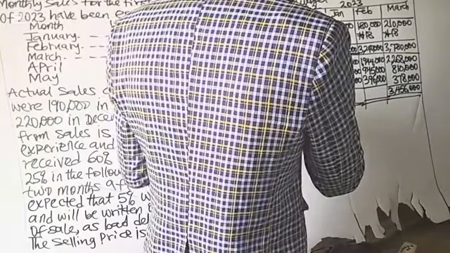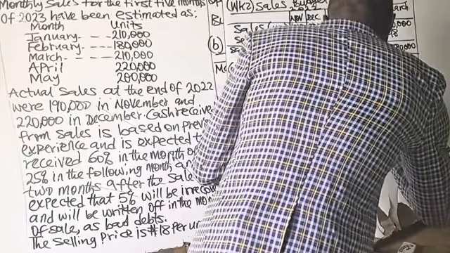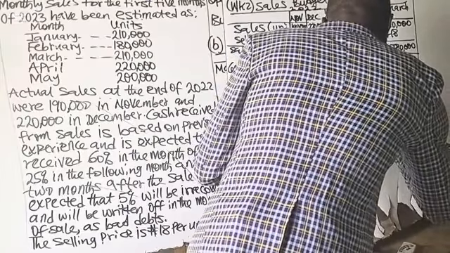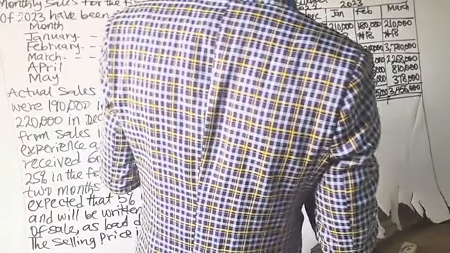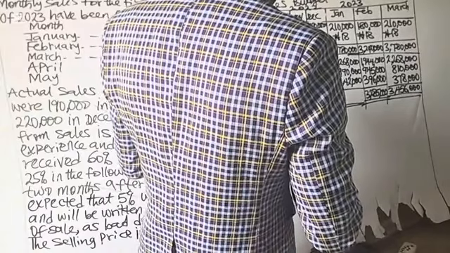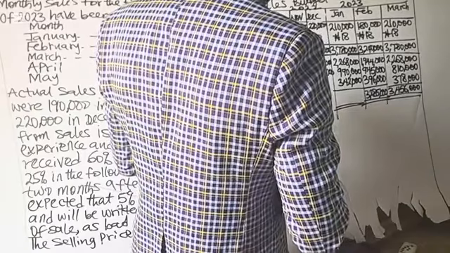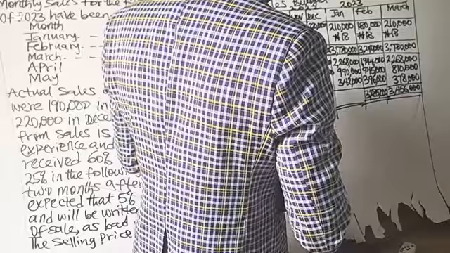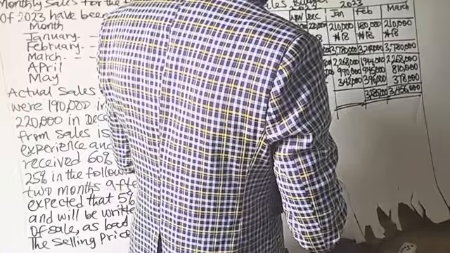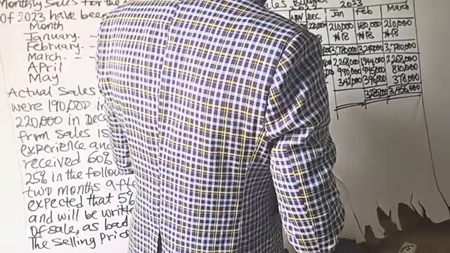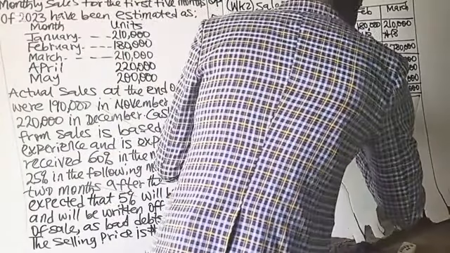That is totaled 3,285,000. Then of January 2023, 2,268,000 plus 990,000 plus 342,000, and that is totaled 3.6 million naira.